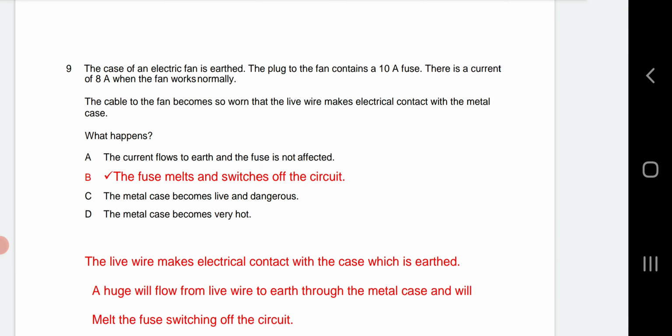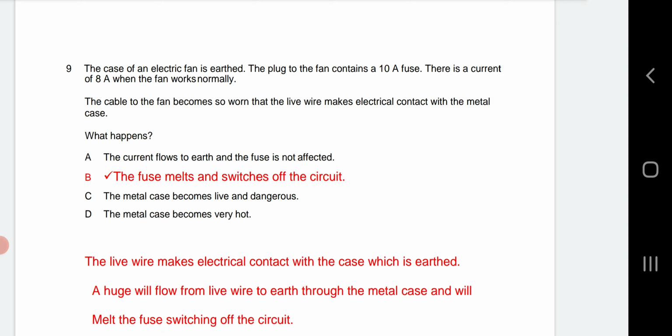Question number 9. The case of an electric fan is earthed. The plug to the fan contains a 10 ampere fuse. There is a current of 8 ampere when the fan works normally. The cable to the fan becomes so worn that the live wire makes electrical contact with the metal case. What happens?